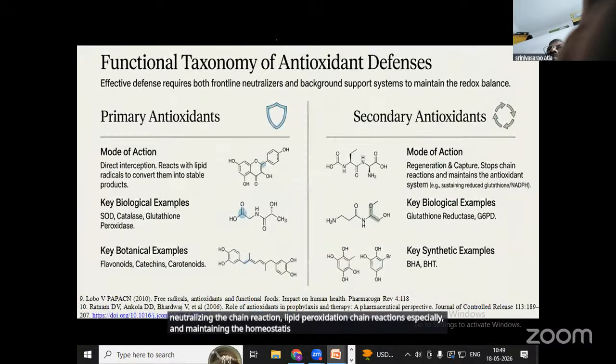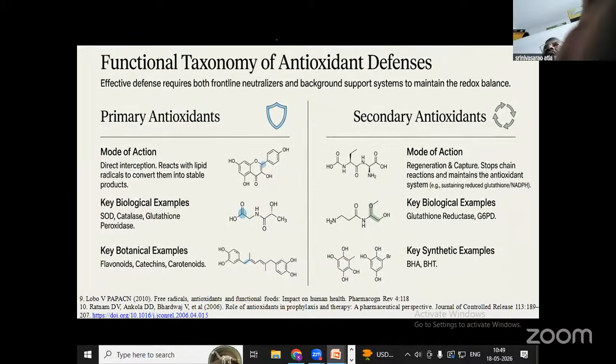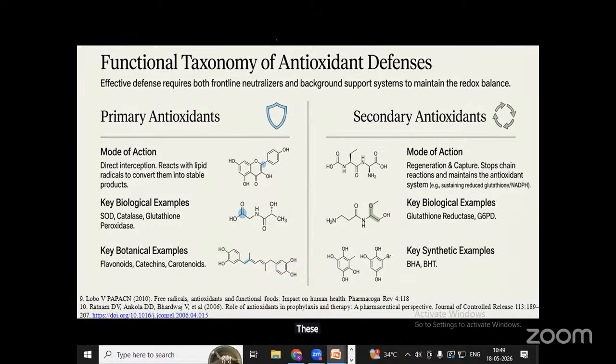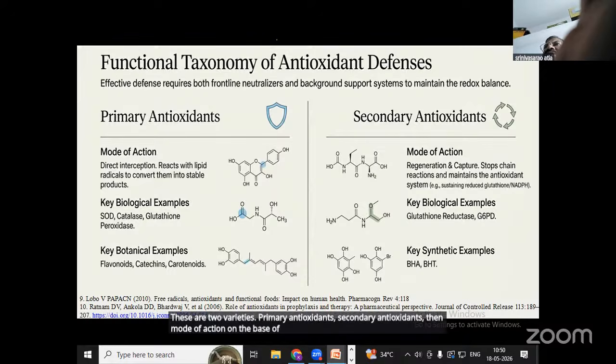Next slide. Then, how many types of antioxidants are there in the literature on the basis of functional taxonomy? There are two varieties: primary antioxidants and secondary antioxidants. On the basis of mode of action, they are segregated into two categories.